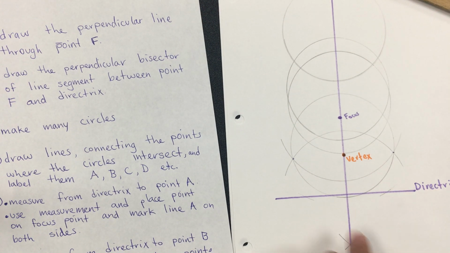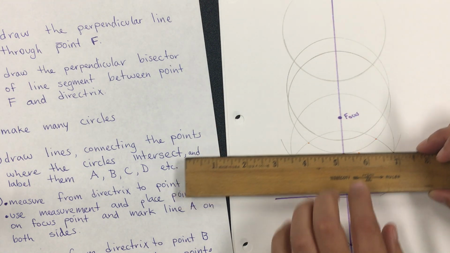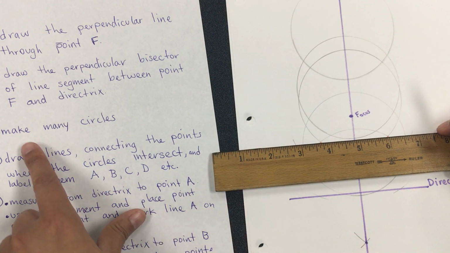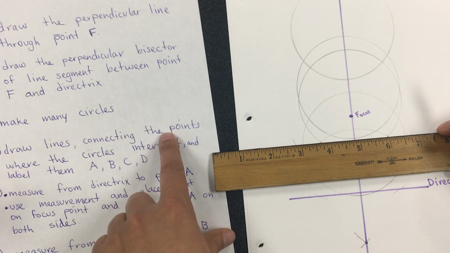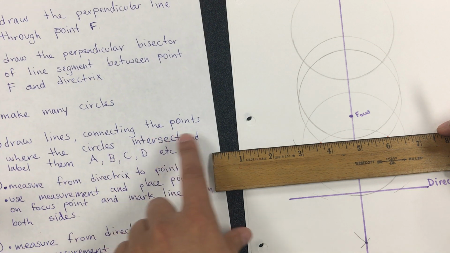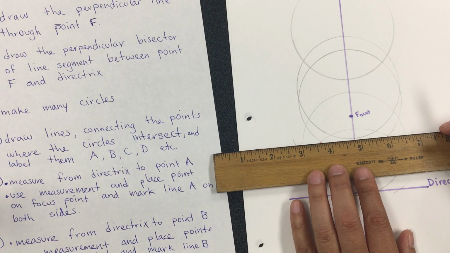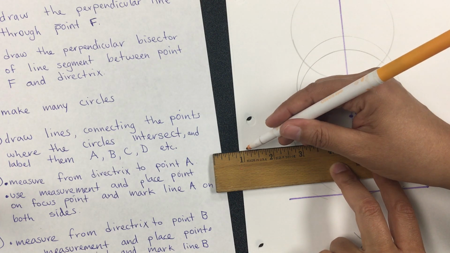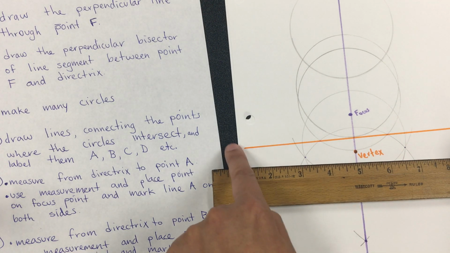Okay, so I see this intersection. I'm gonna draw that. Let me see. So it says make many circles, then draw lines connecting the points where the circles intersect and label them A, B, C, D, and that's what we're doing right now. And I'm gonna do it from one side to the other side of the page.